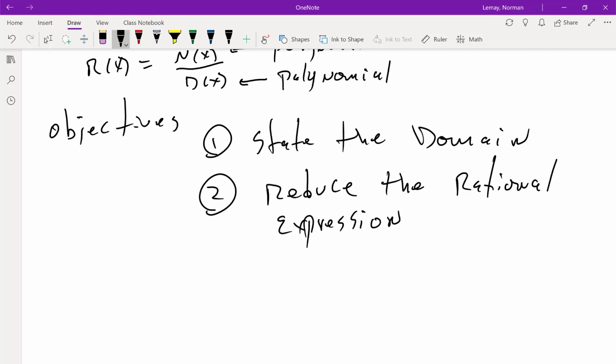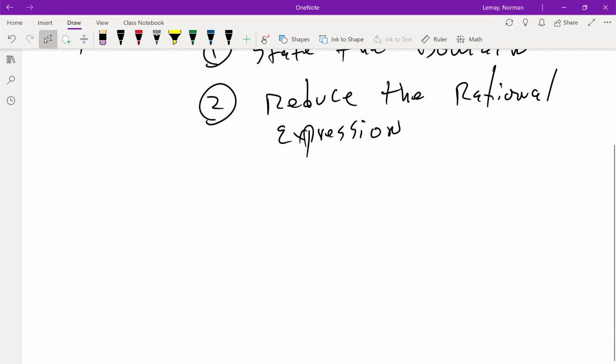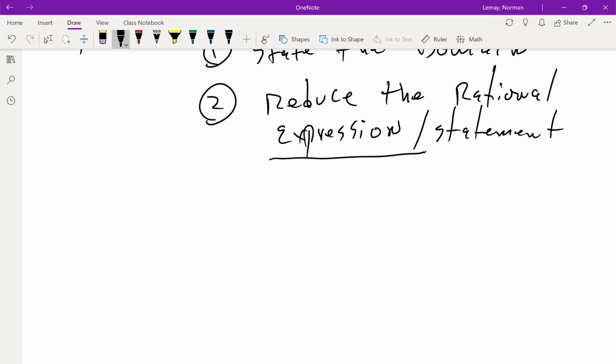If you'll recall, in class we talked about the difference between an expression, or a statement, along with an equation. We'll see a little bit of some of our equation work coming up.